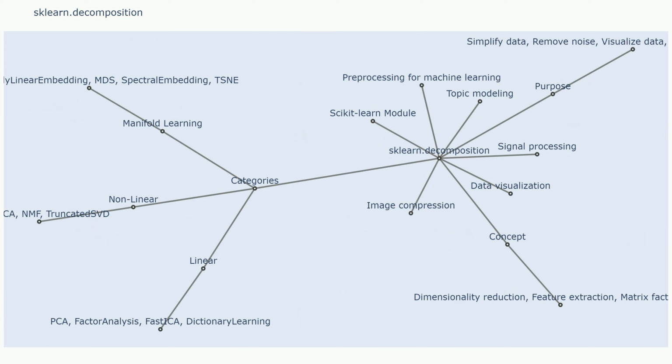Scikit-learn's decomposition module provides a versatile set of tools for dimensionality reduction, allowing us to extract meaningful information from complex datasets. By understanding the strengths and weaknesses of each method, we can choose the right approach for our specific needs, enabling us to gain deeper insights from our data while simplifying analysis and improving model performance.